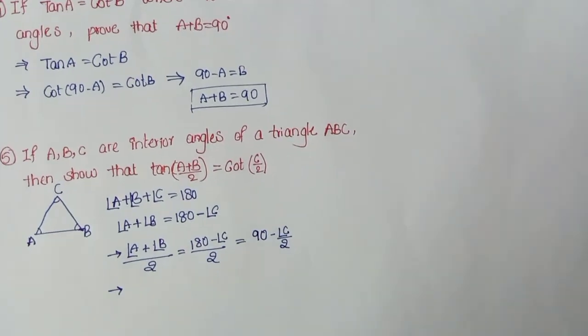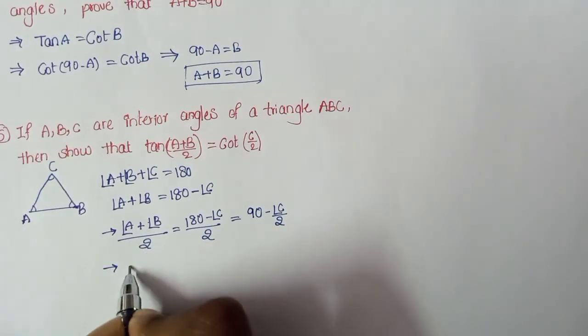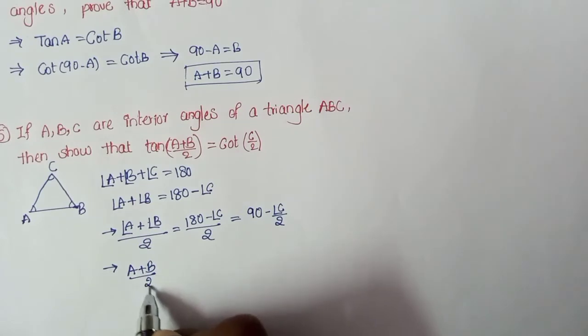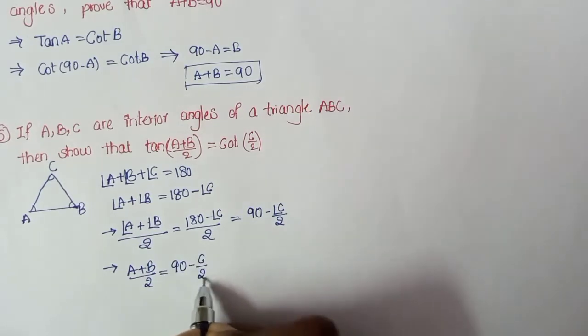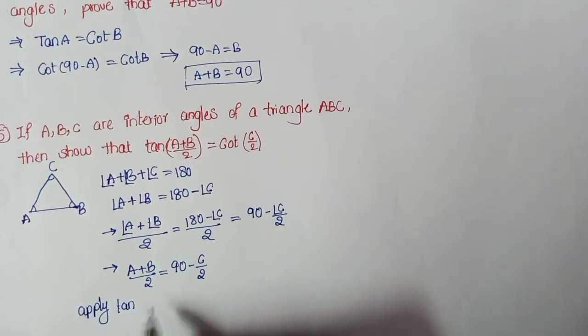I am writing these without the angle symbol, so it shouldn't confuse you. So (A plus B) by 2 is equal to 90 minus C by 2. Then apply tan on both sides.